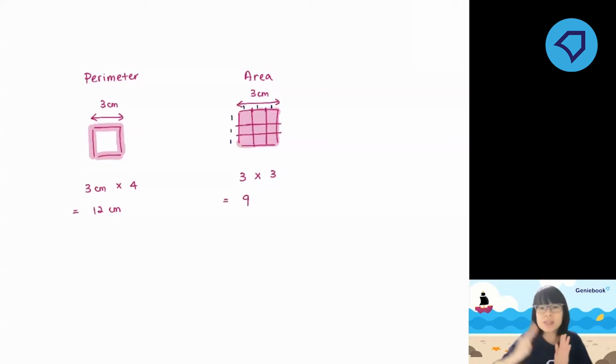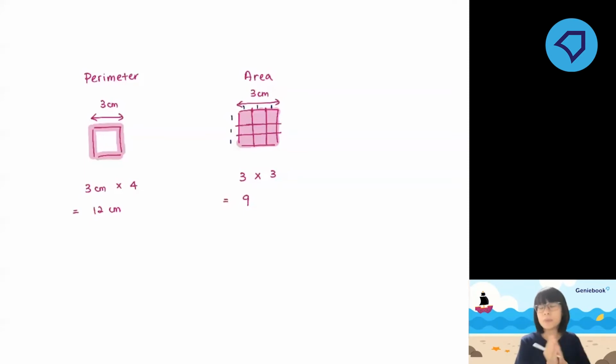Area just means everything on the inside. If the length is 3 centimeters, I can fit 3 1 cm squares over here and 3 1 cm squares over here. So altogether, I can fit a total of 9 1 cm squares. I hope you guys know the difference, and therefore you need to memorize the formula as well.